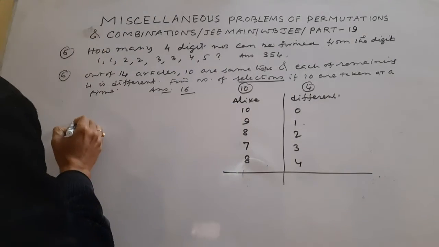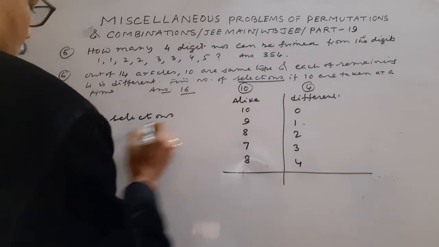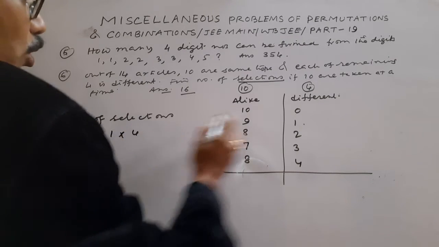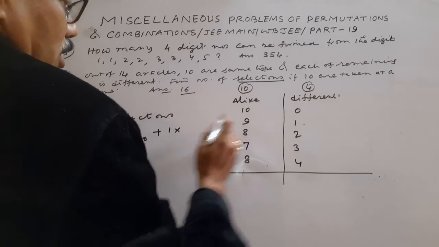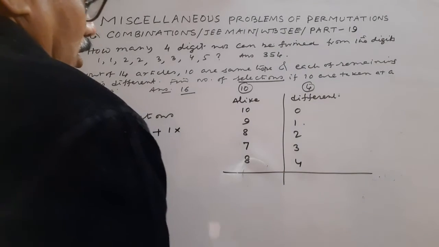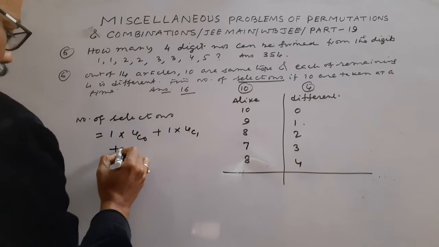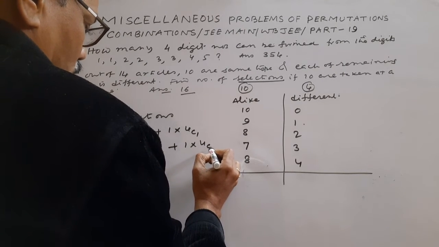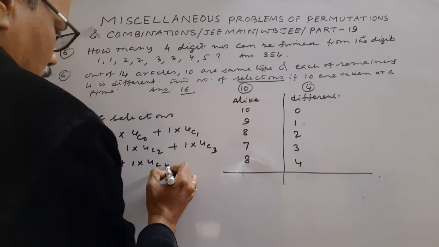So for alike cases, selection is 1, and for different, 4C0. So all are alike. 1 into 4C0, 1 into 4C1, 1 into 4C2, 1 into 4C3 plus 1 into 4C4.